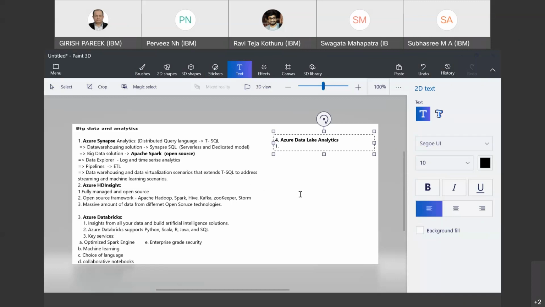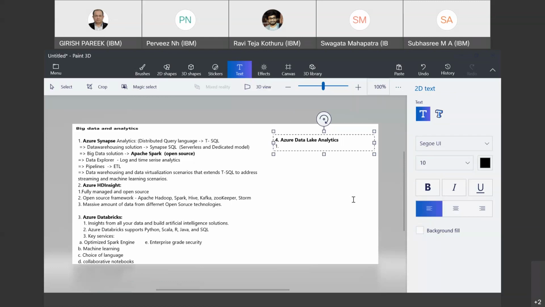Okay, so Azure Data Lake Analytics is an on-demand analytics job service that simplifies big data. Instead of deploying, configuring, tuning hardware, you write queries to transform your data and extract valuable insight.